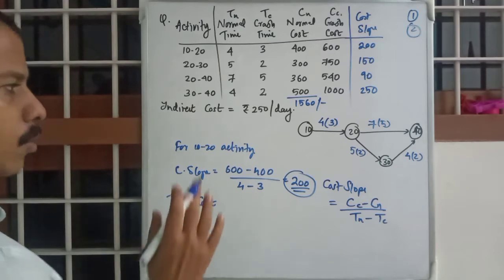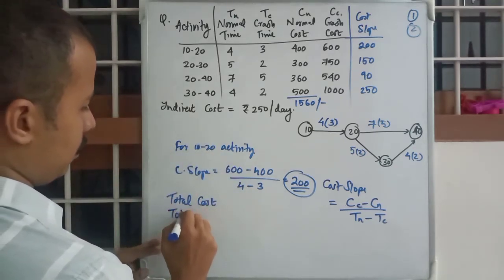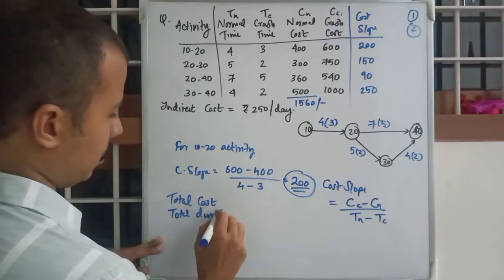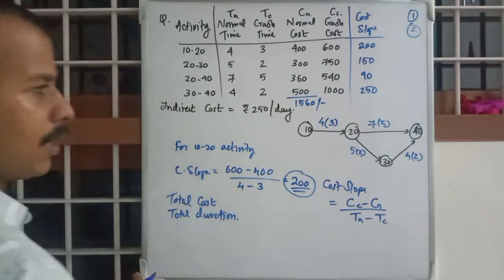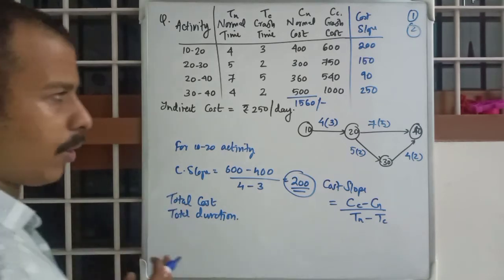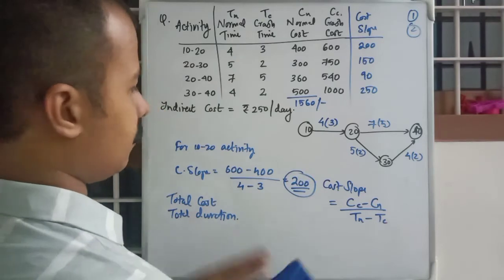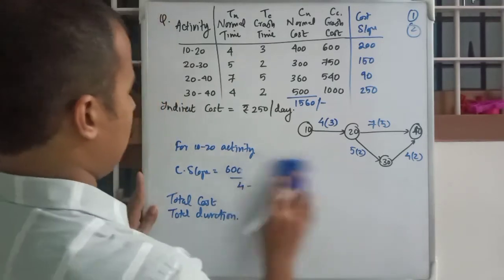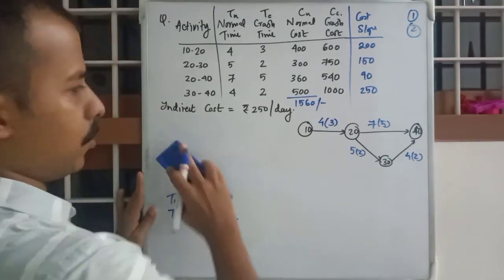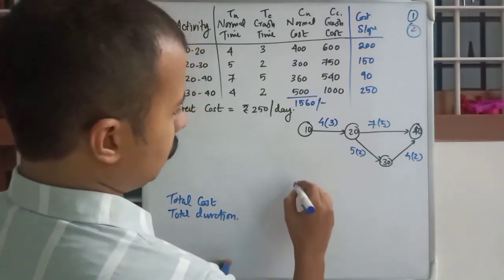Okay, so then calculate the total duration. What will be the total duration? For that we will draw another table with the help of the network. You have paths.